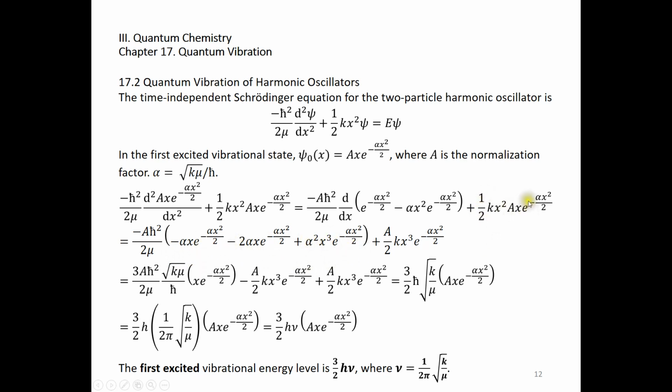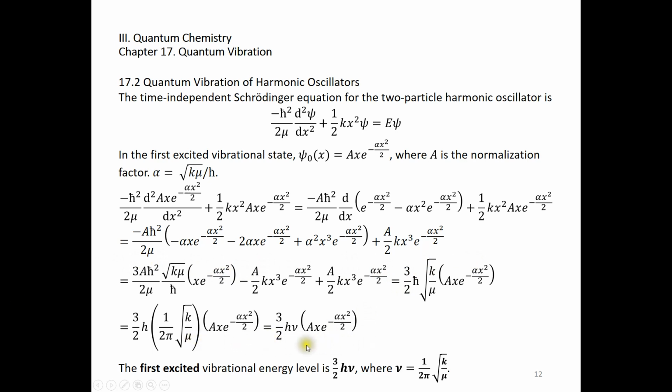We combine x squared and x over here, and now we have three terms. We can expand them and do some simplification. And over here we have another term. In the end, if you clean up everything carefully, I think you will get something like this.